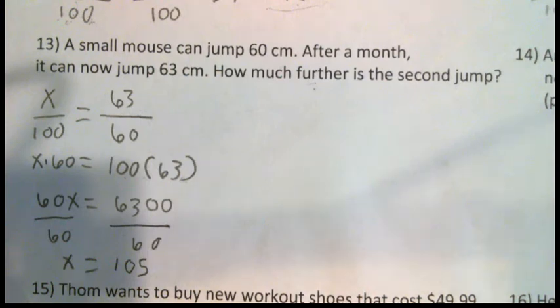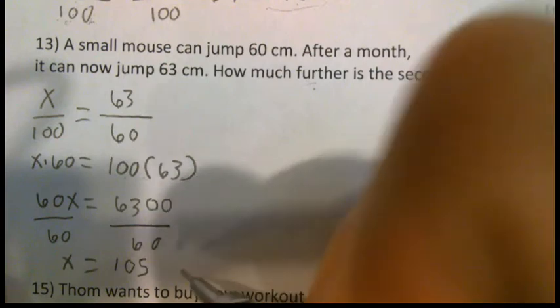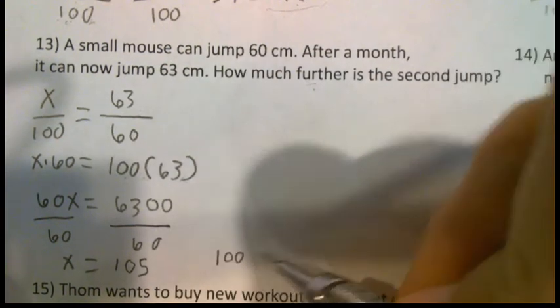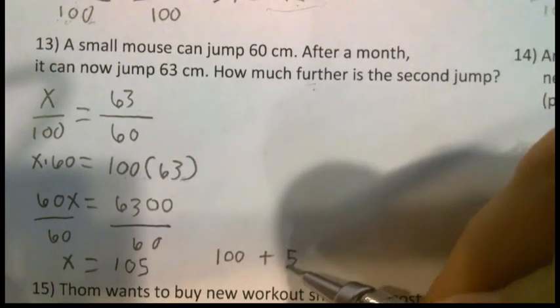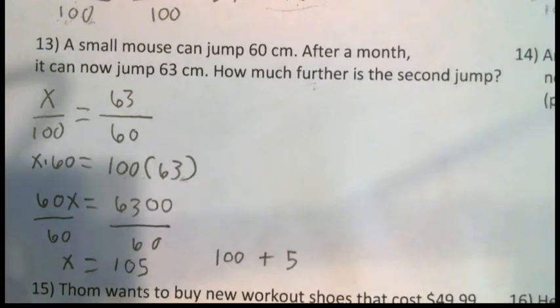Now hopefully you can guess that this number is a little bit large. This 105 represents both the 100% original jump plus the 5% increase. So if we're trying to figure out how much further the second jump is, we don't want the whole 105, we just want the 5%.